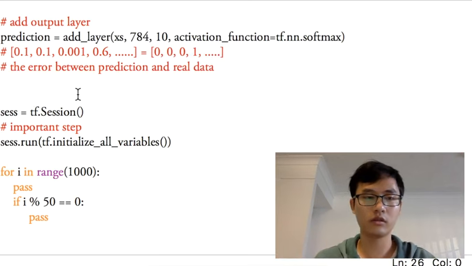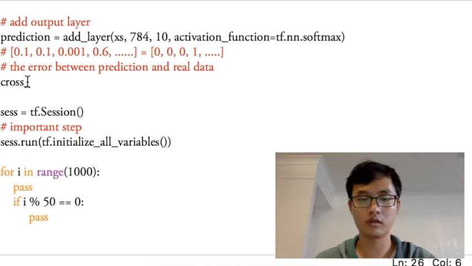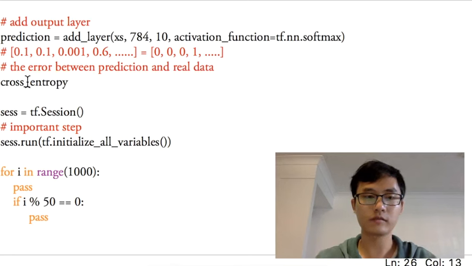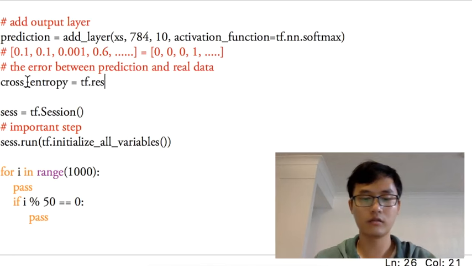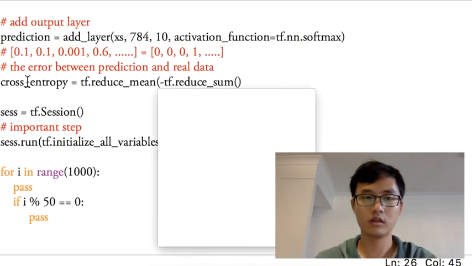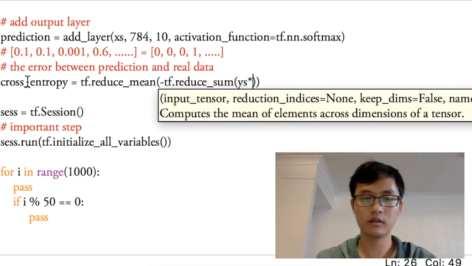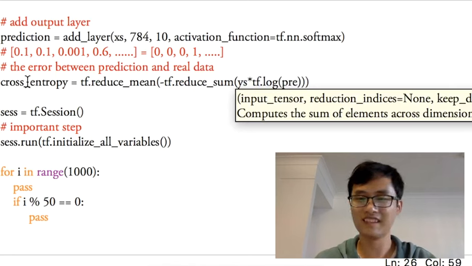And we're going to calculate the error between the prediction and the real data, and for today, the calculation of the error is done a different way. Typically we call this method cross entropy. That is tf.reduce_mean of minus tf.reduce_sum of ys times tf.log of the prediction. It's pretty long.